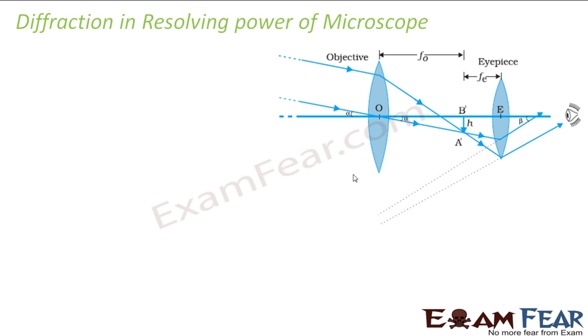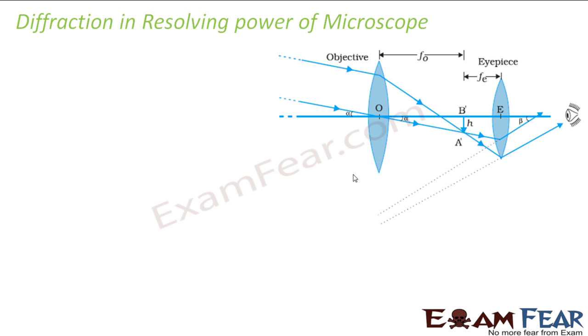However, resolution also has a role to play here, because even in microscope sometimes it happens that 2 particles of the same object are placed so close by that we are not able to distinguish between the 2 of them, even though it is lying nearby, but the size of the 2 points are so small that they are almost appearing as one. So in that case, resolution is an important concept.